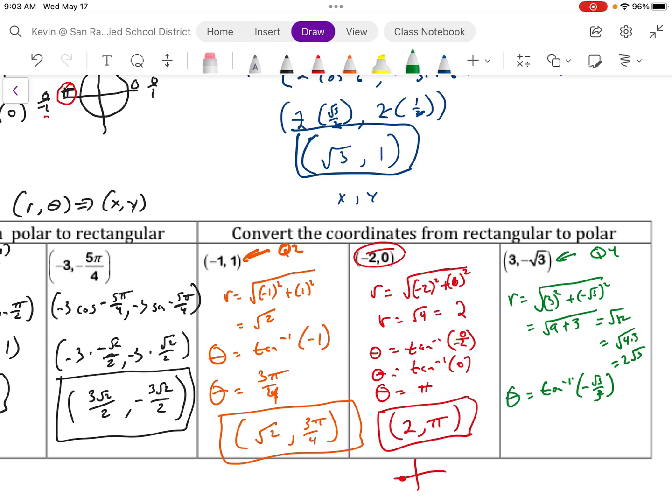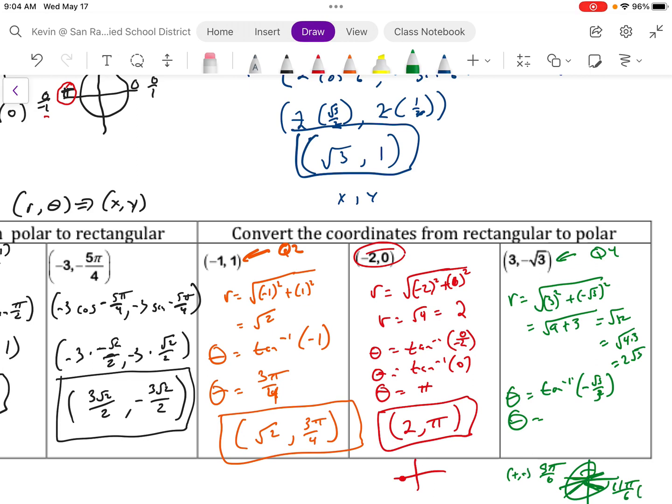Okay. That means it's going to be one of our pi over 6 angles, where tangent is root 3 over 3. So pi over 6, 5 pi over 6, 7 pi over 6, or 11 pi over 6. Well, 11 pi over 6 is the one that's in the fourth quadrant. It has to be either 5 pi over 6 or 11 pi over 6, because those are the two where we have opposite signs for x and y.